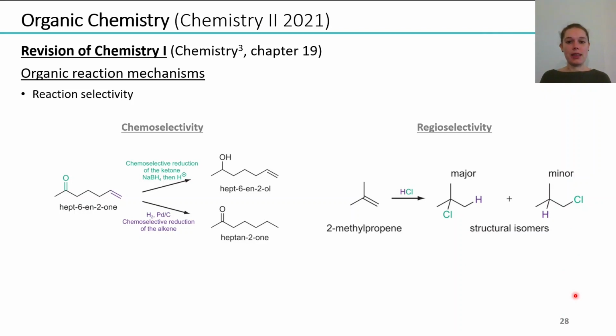So we can say then that we will get the selective formation of one structural isomer during this regioselective reaction. These are the first two types of selectivity, and for sure we can also have other types.